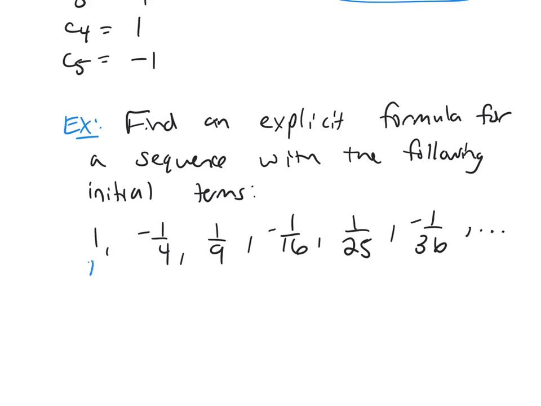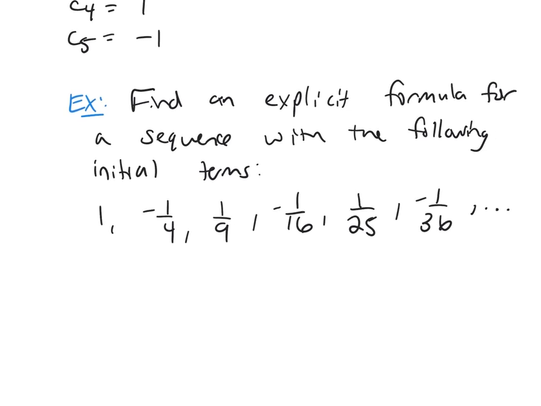So this 1 would be our first term. I'm going to call it a_1, a_2. Well, before I do that, let's notice some patterns. So the first thing I see is that the terms flip signs, right? Positive, negative, positive, negative, positive, negative. So it's alternating signs. And also, if I look at the denominators, what kind of pattern do I see? 4, 9, 16, 25, 36. Those are all perfect squares, right?